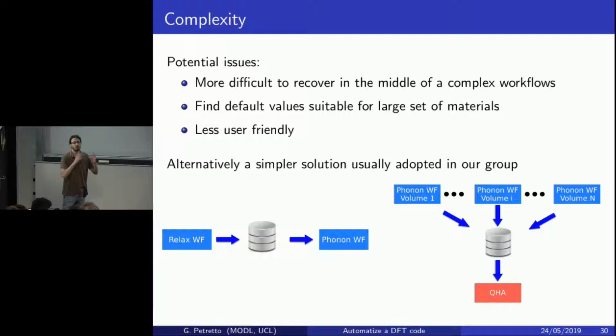Usually, you do not look at the details of each of those thousands of calculations. You just have your database with all the relaxed structures, and then you can run phonons on all the relaxed structures, electronic band structures as well. And so this is my take on the choice of how to organize the workflows.